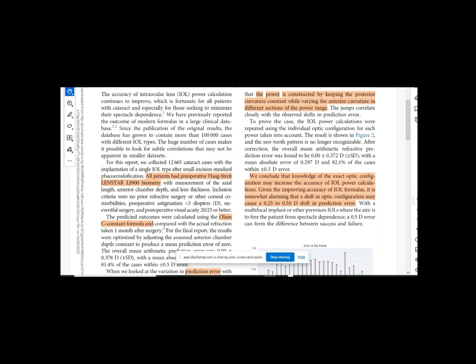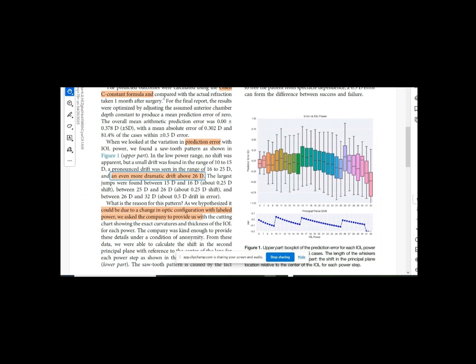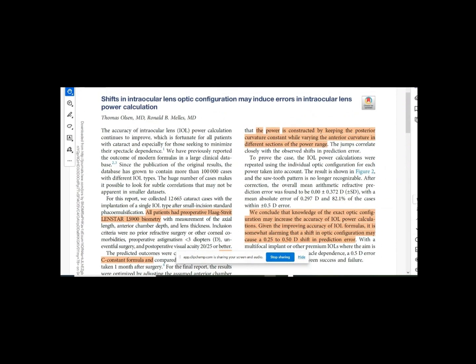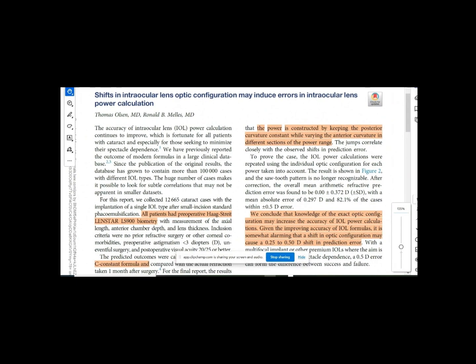And what they found out when they understood the optic configuration from this company, they don't spell out the company's name here, but you can well understand, this is a 6 diopter to a 32 diopter IOL, so you can well understand which company this could be. But this applies largely to many different companies. The IOL power is constructed by keeping the posterior curvature constant while varying the anterior curvature for different sectors of the power range.